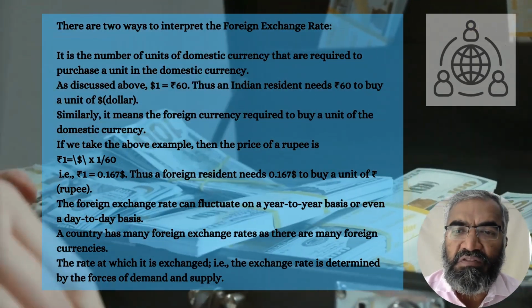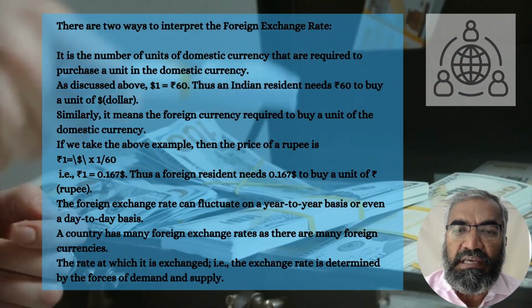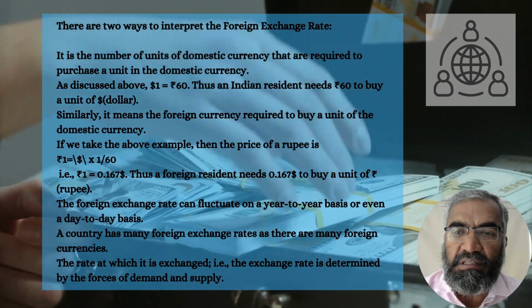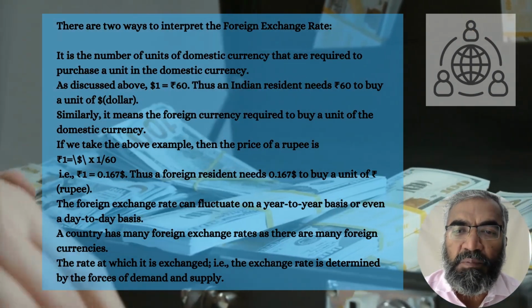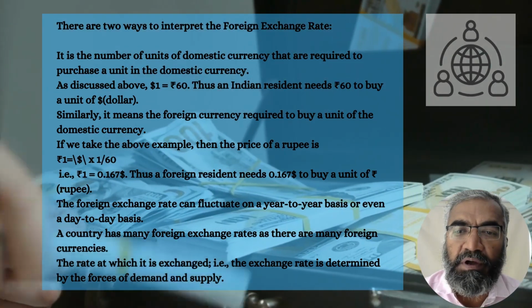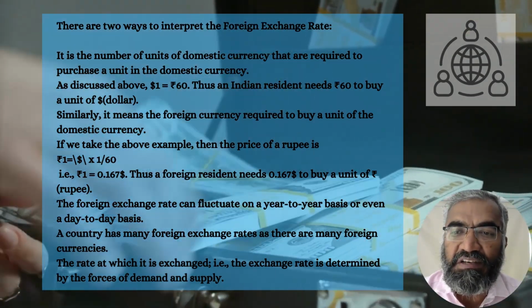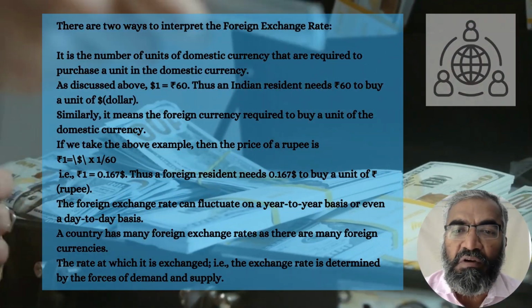Similarly, it means the foreign currency required to buy a unit of the domestic currency. If we take the above example, then the price of a rupee is: 1 rupee is equal to dollar into 1 by 60, that is, 1 rupee is equal to $0.167. Thus, a foreign resident needs $0.167 to buy a unit of 1 rupee.